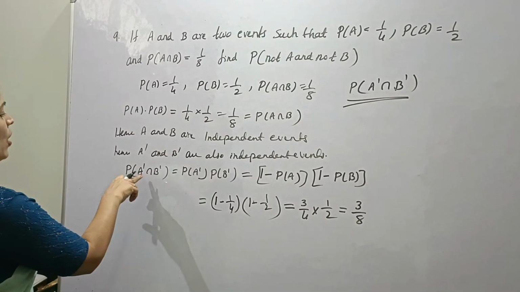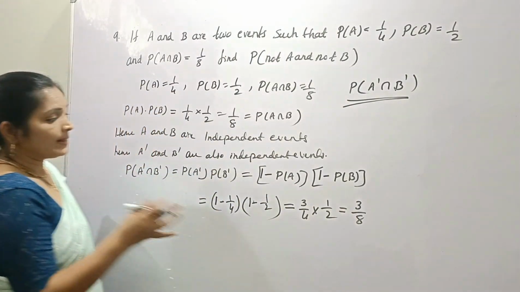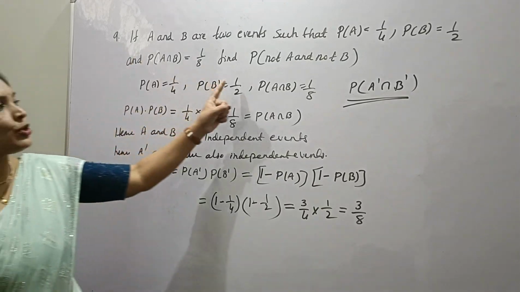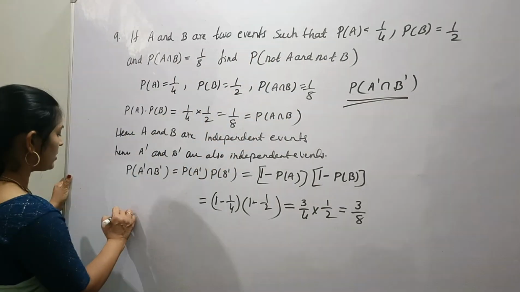So probability of A complement intersection B complement is equal to 3 by 8.